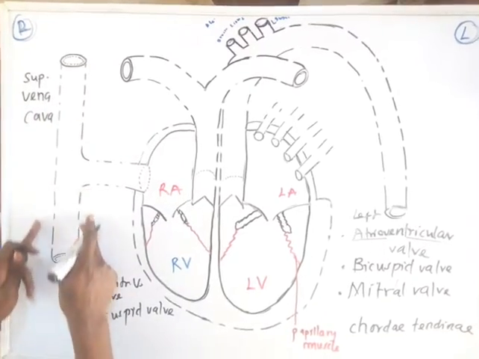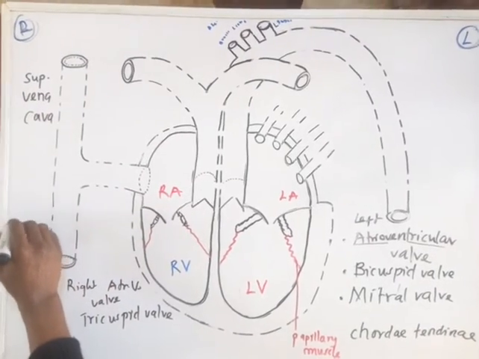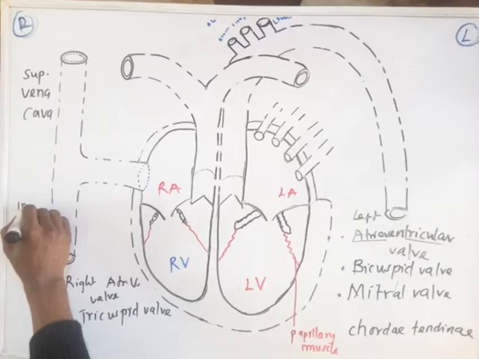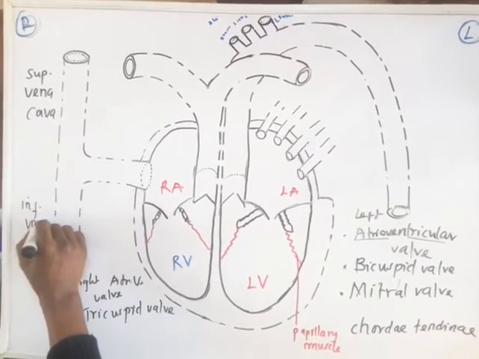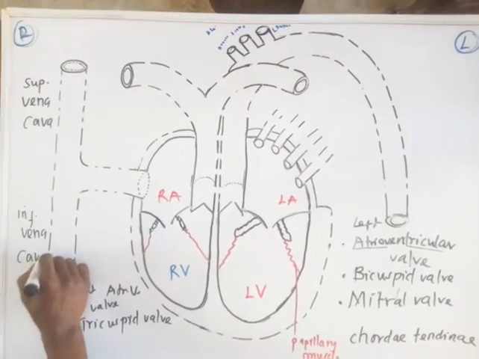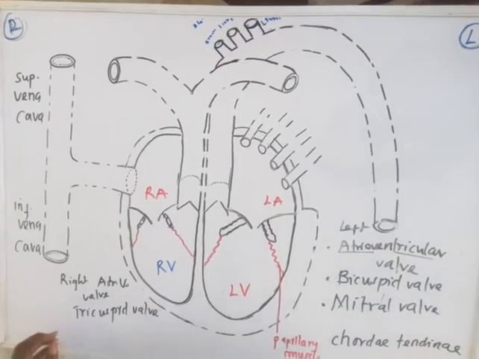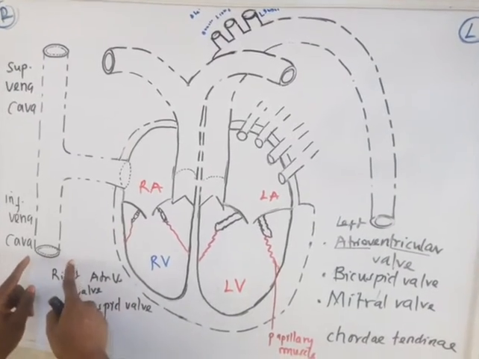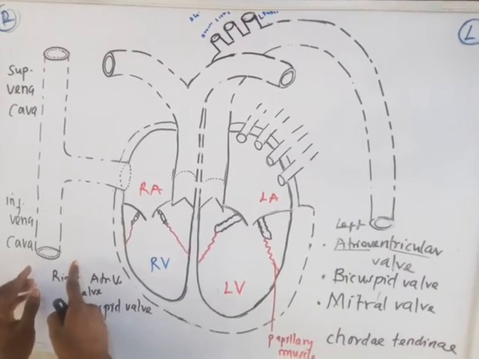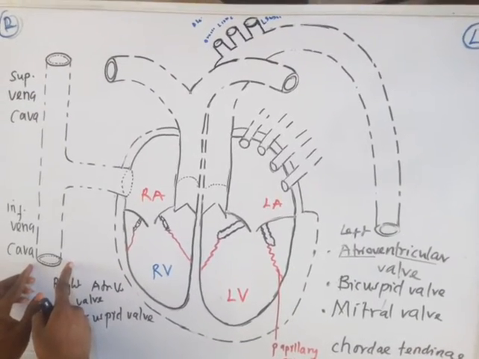The one below drains the bottom part of the body; this is the inferior vena cava. You get the point? The blood in the inferior vena cava is deoxygenated blood.